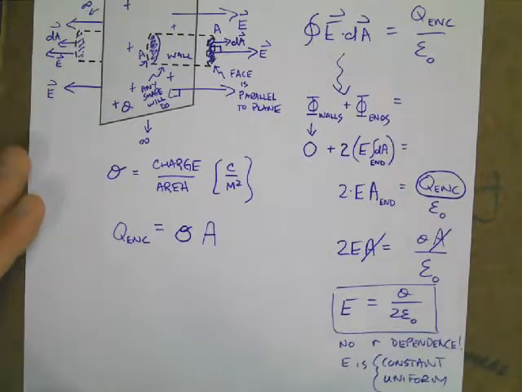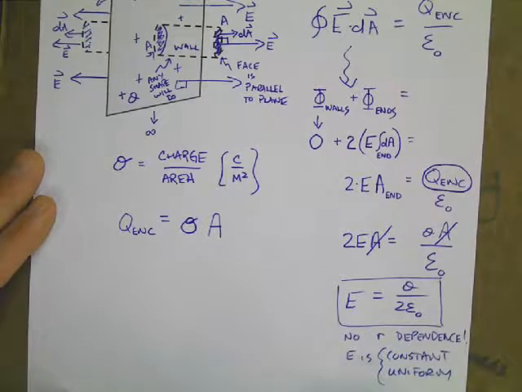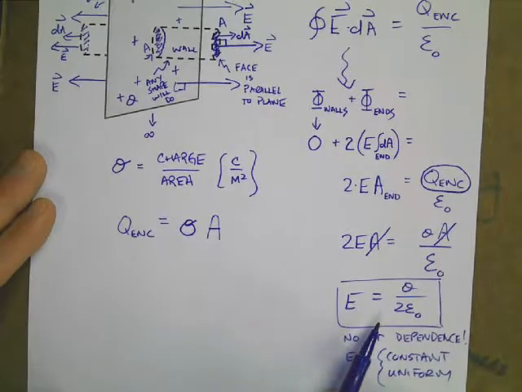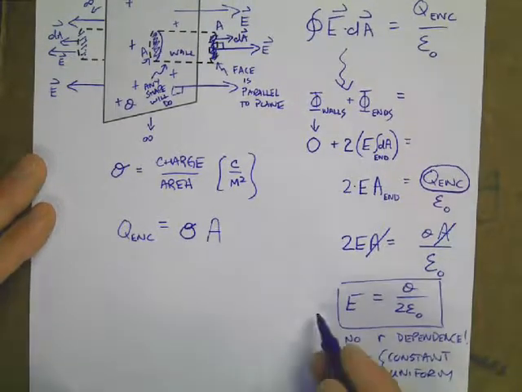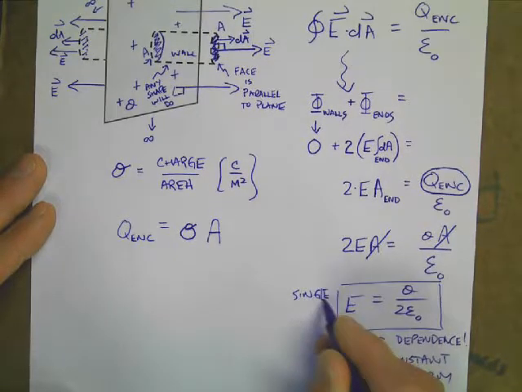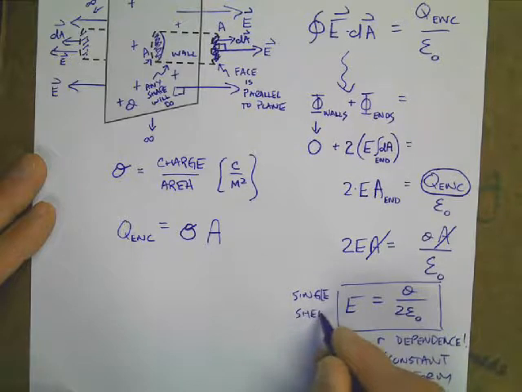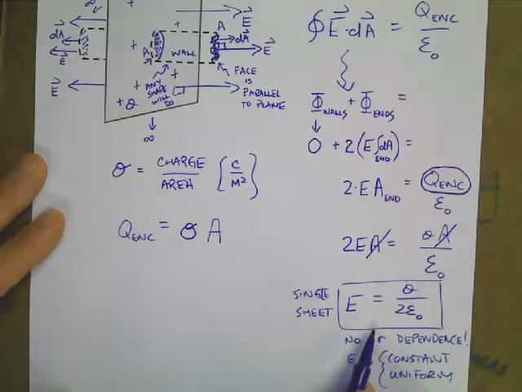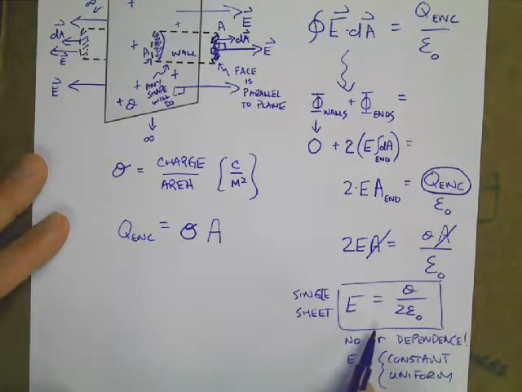So that is the final result, and that's the one that you should also memorize. So a single sheet of charge will have an electric field on both sides with that strength, always pointing away from the sheet if it's positive.